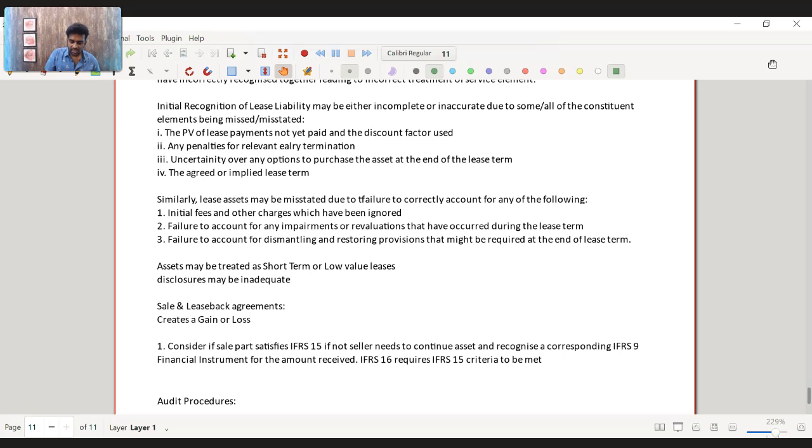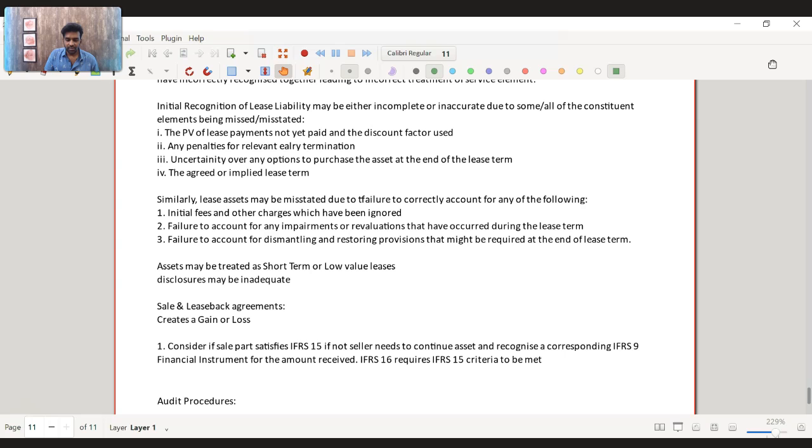So the standard, IFRS 16, says that of the gain or loss, only realized gain can be shown in P&L. What is the realized gain? To the extent of your sale value, the fair value of the sale, minus the ROU cost of the asset, only to that extent can gain be recognized.